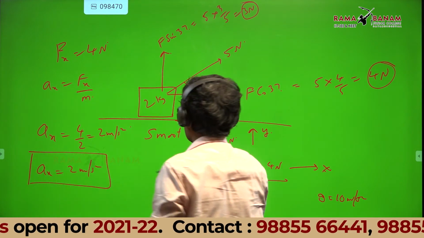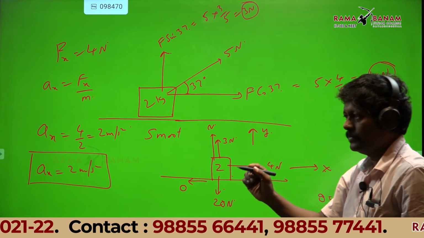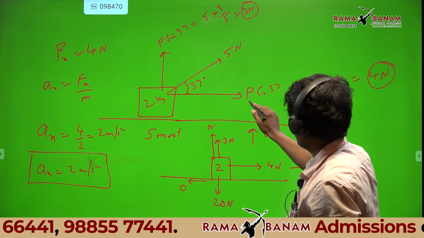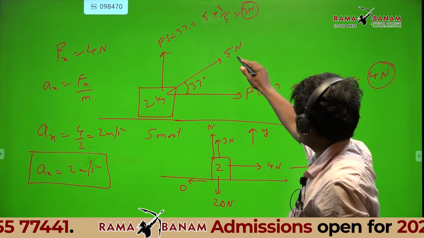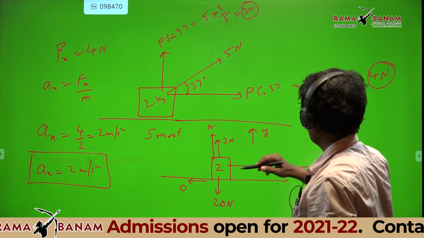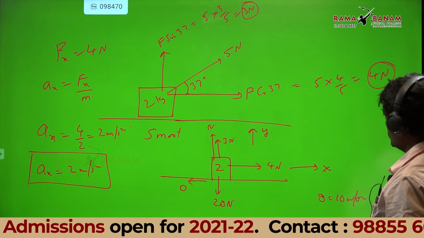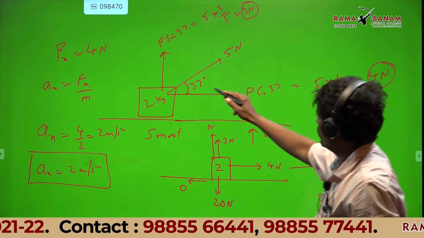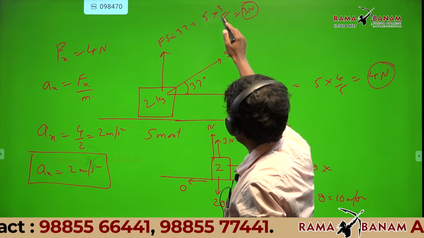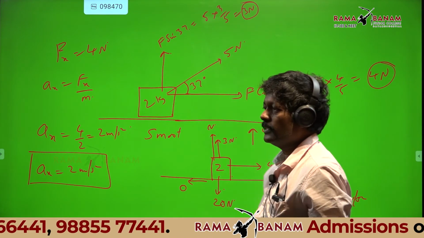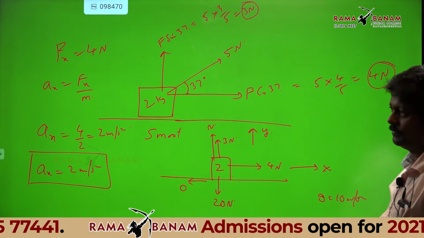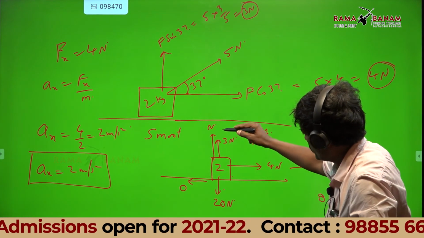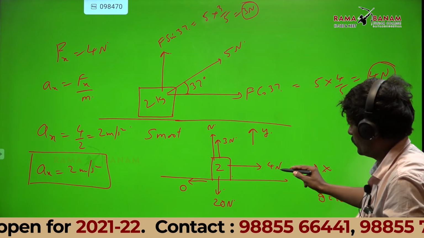The component adjoining theta will be the cos term, the other the sin term. F cos theta, F cos 37, F is 5, cos 37 you know 4 by 5. So, there is 4 Newton in the horizontal direction. In the vertical direction, F sin 37, sin 37 you know 3 by 5. So, 3 Newton upward. So, I have taken upward 3 Newton, horizontally 4 Newton.